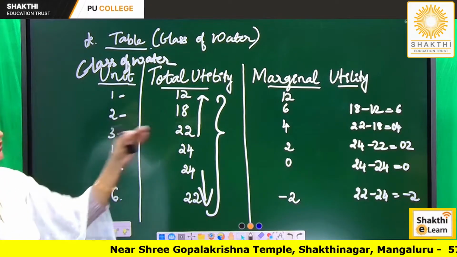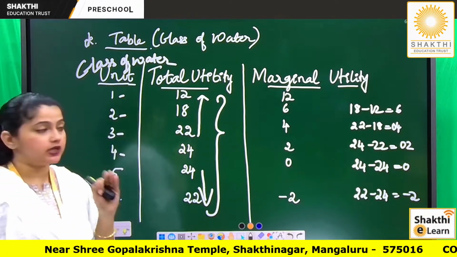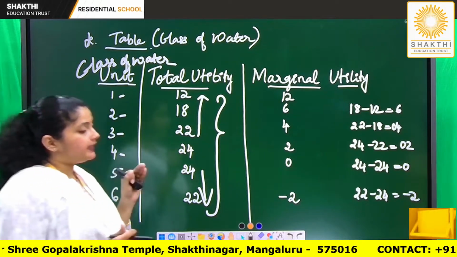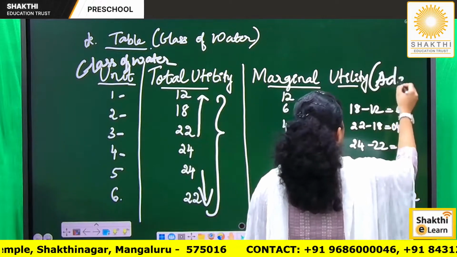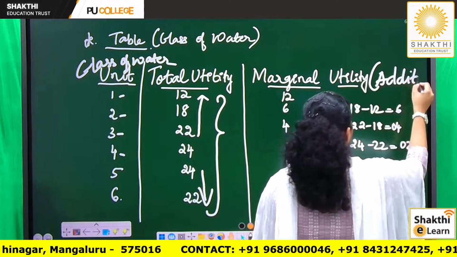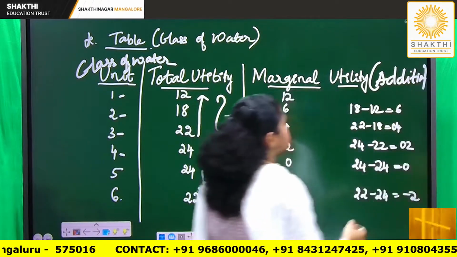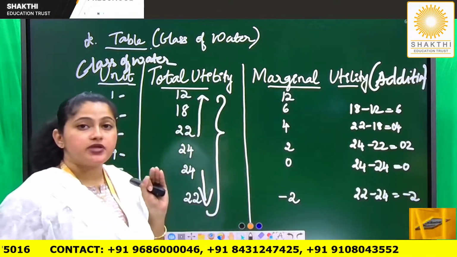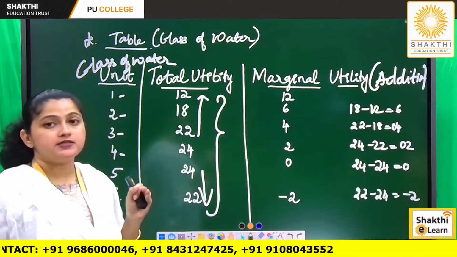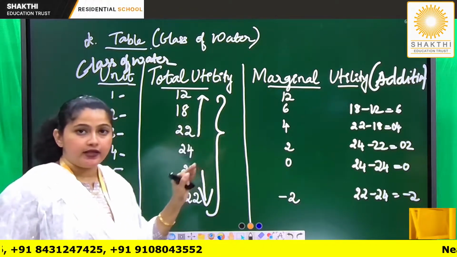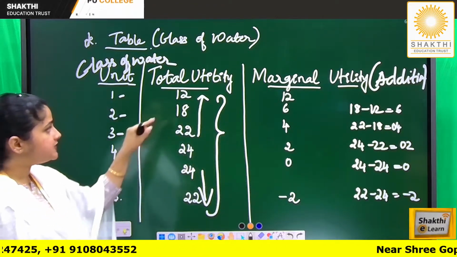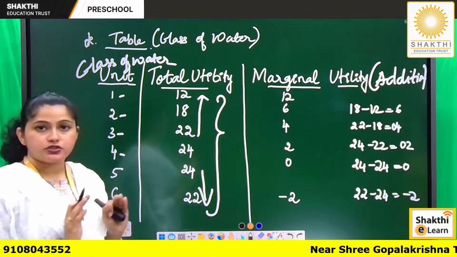Now the 3rd column talks about marginal utility. Marginal utility is nothing but an additional utility which an individual is deriving from the consumption of glasses of water. Here there are some calculations to be done. The first unit will remain the same, that is 12.